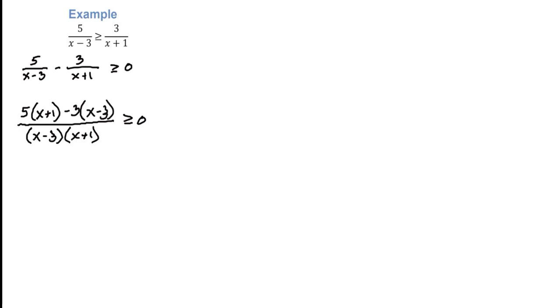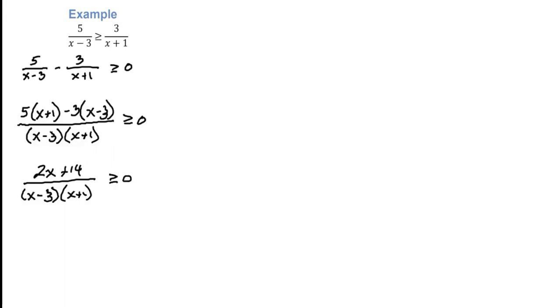Now simplifying the numerator, we get 2x plus 14, and we'll leave the denominator in factored form. Now we have a single fraction on the left, and the right side is 0.